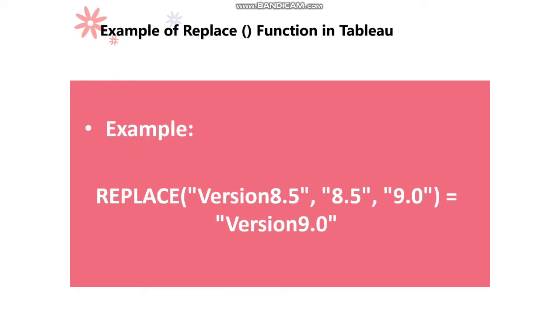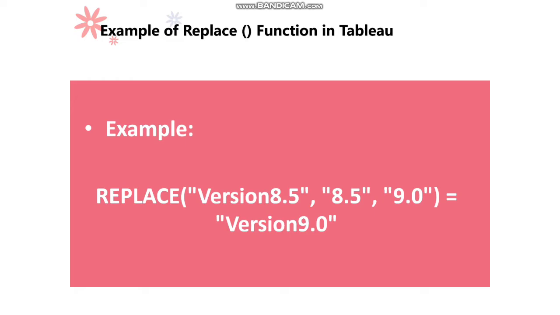Let me show you the example. The example is right below. Replace of version 8.5, comma, 8.5, comma, 9.0 equals version 9.0. So here, version 8.5 is the string, 8.5 alone is the substring, and 9.0 is the replacement.